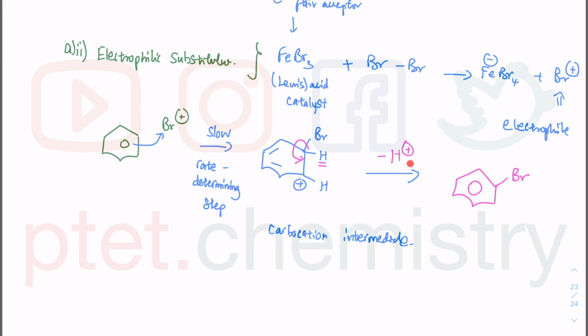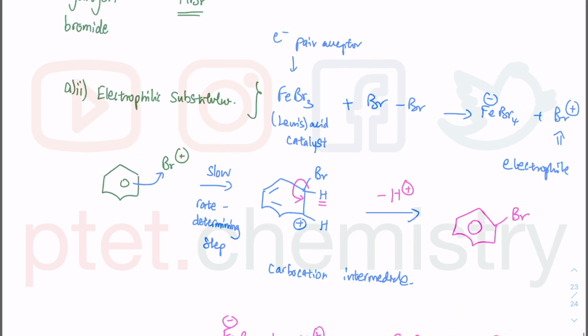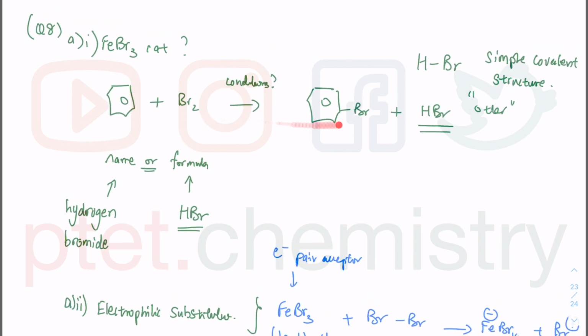And it is this minus H plus as well as the Br minus from here that you can regenerate that FeBr4 minus plus the H plus that you kick out. Then you get FeBr3 and you get HBr. Remember the equation earlier on? The other product that you get is HBr. In an overall equation, you don't see the FeBr3 because FeBr3 is a catalyst, it's a condition.